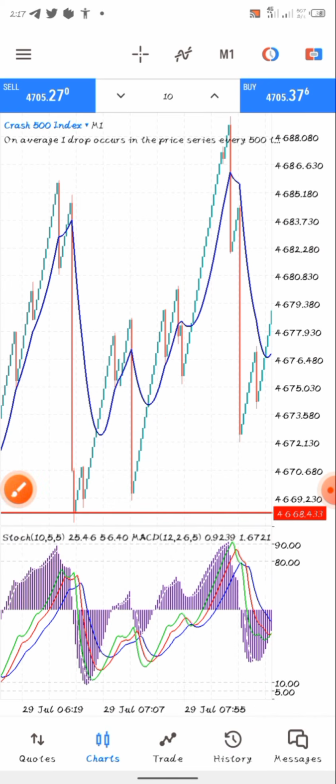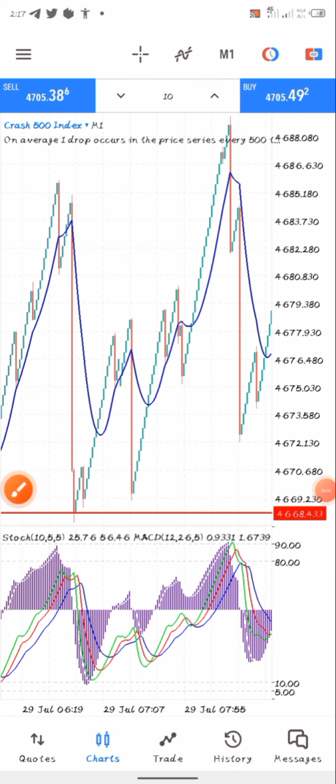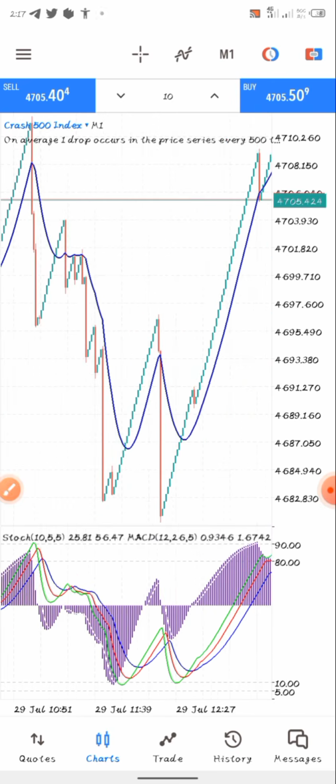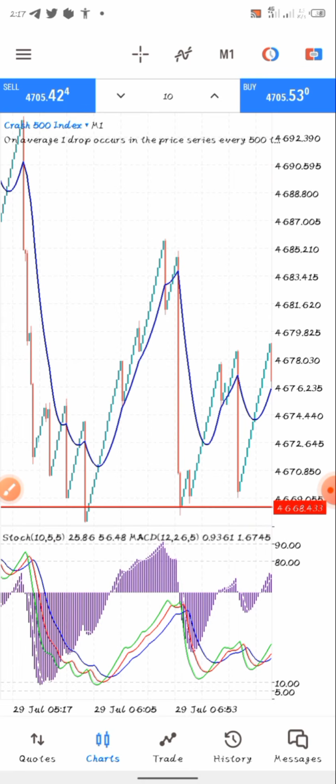That's how you guys can make use of the strategy. I hope you see a lot of benefits with this strategy, and this strategy is very, very effective, guys. You can make use of it wisely. You'll be making the market crazily, guys.